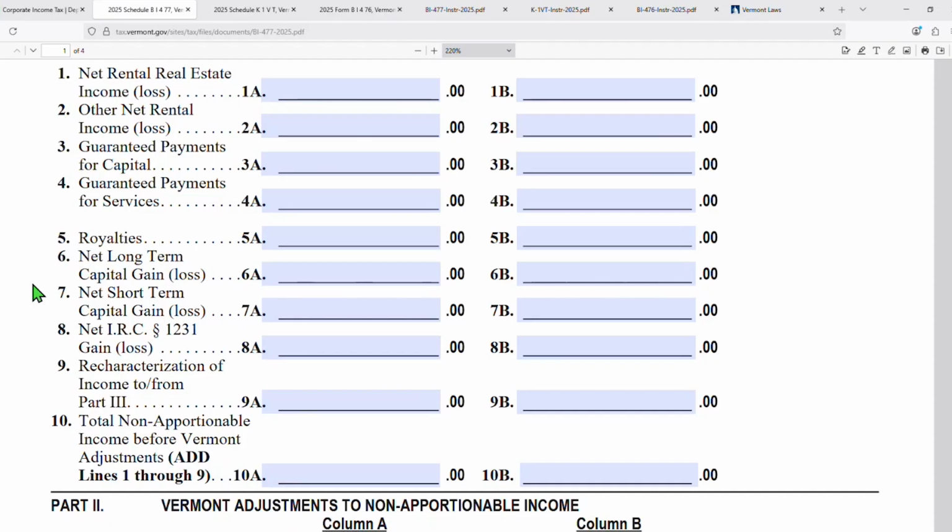Now that interest is sourced to the state of commercial domicile, and it's Vermont, there would need to be a corresponding $100 addition on 9B, because the income would be sourced to Vermont, and it needs to be accounted for somewhere in here. So that's a really rudimentary example, but I think that gets the point across.